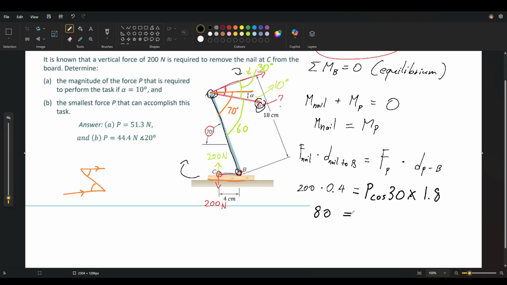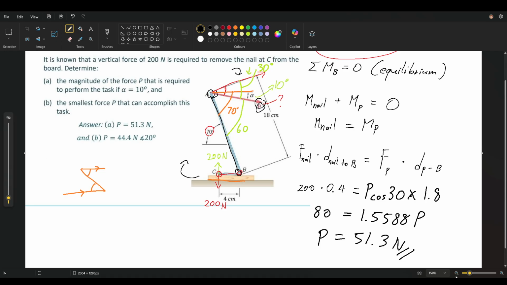And then cosine 30 times 1.8 gives me 1.5588. I like to leave mine in 5 SF. It doesn't really matter. And then if you were to bring it over, 80 divided by the answer, you get 51.3. And this is my answer to part A.